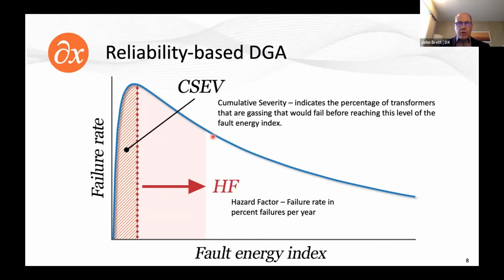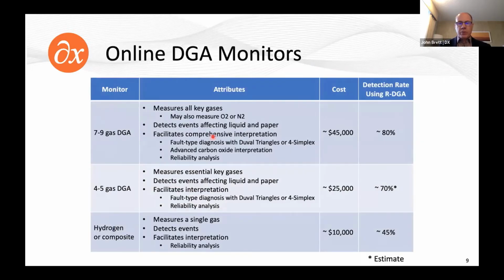And so let's now talk about the online DGA monitors. You're mostly familiar with this, but we've come to realize that the breakdown is, when it comes to DGA, single gas or hydrogen monitors at the bottom, then 4 to 5 gas monitors, which cover the essential gases and allow you to apply the Duval triangles. And you have the full 7 to 9 gas DGA monitors, which, if you look at the top, measure all the key gases.